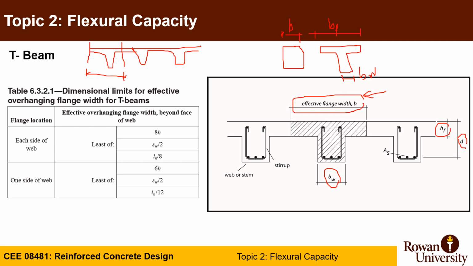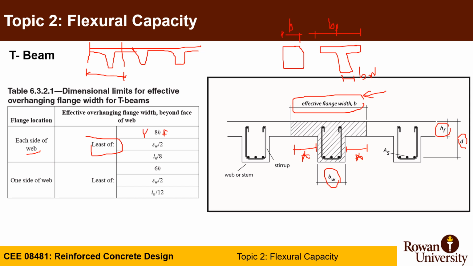So the effective flange width B will be the least of, if you have a beam that is extended in each side of the web, each distance here, if you call it star, and a star will be the least of 8 times HF, which is the depth of the slab.